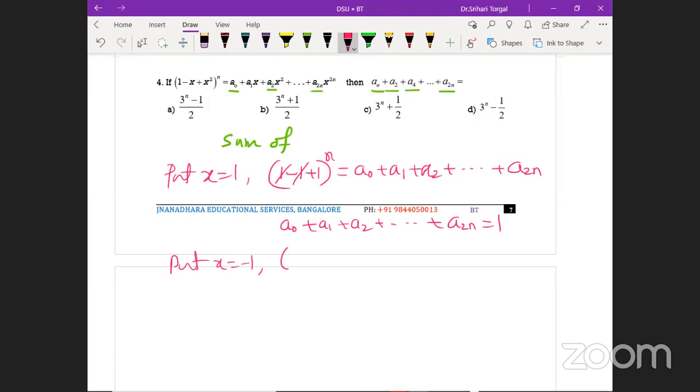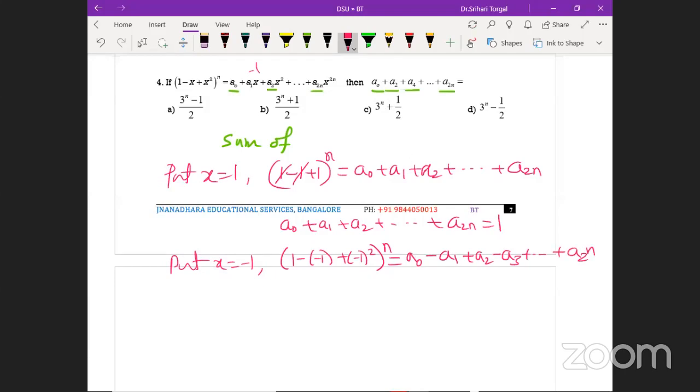And what happens? 1 minus of minus 1 plus (minus 1) whole square, whole power n, which is equal to A0 minus A1 plus A2 minus A3 plus A4. Similarly, because A2n is an even term, you will get plus A2n.